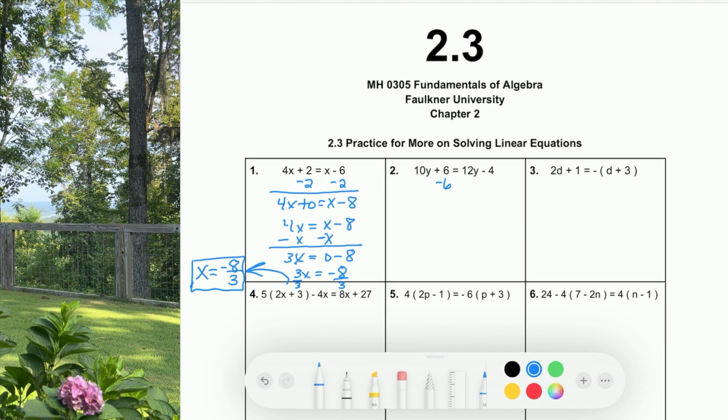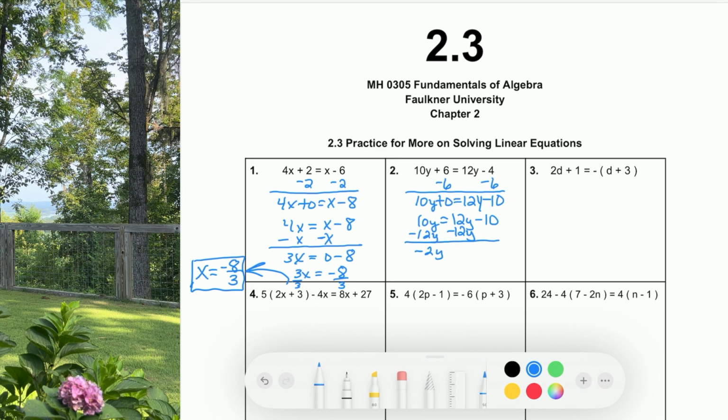Okay, so let's look at number 2. I'm going to subtract 6 first. I get 10y plus 0 equals 12y minus 10. Now I'm going to subtract the 12y from both sides to get the y's on the left.